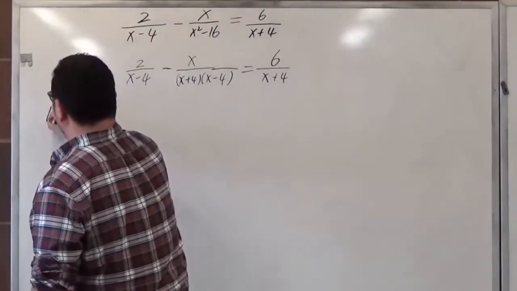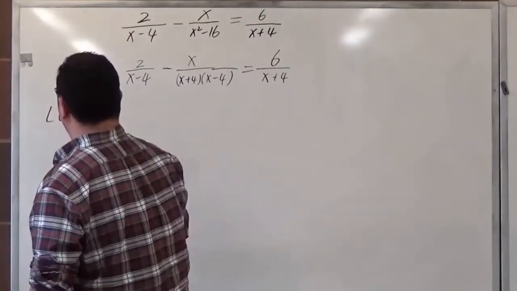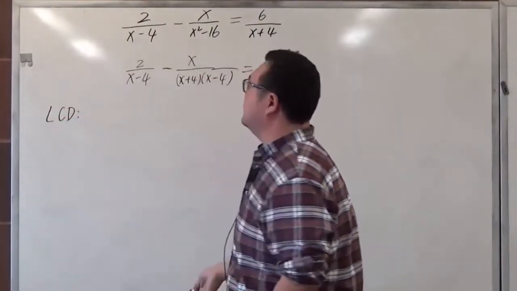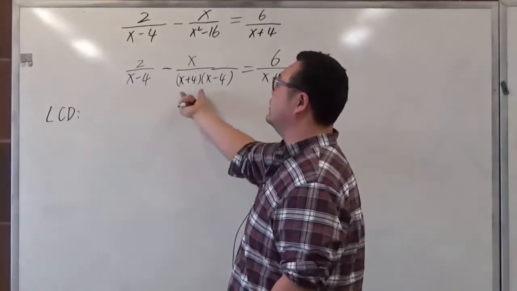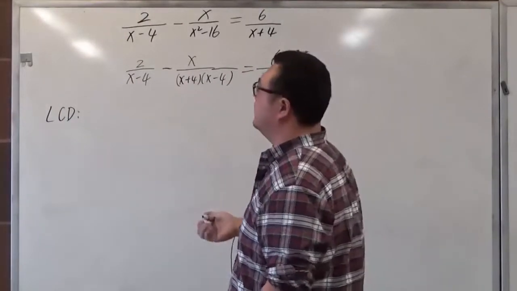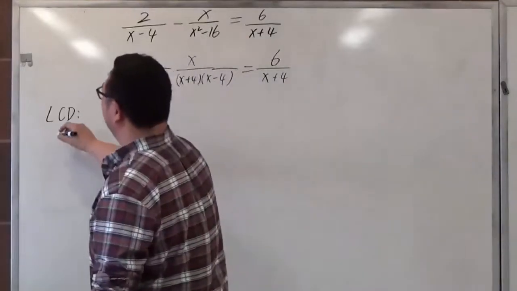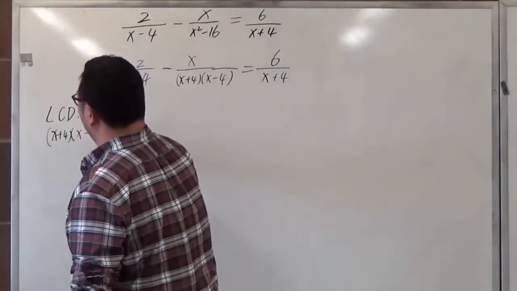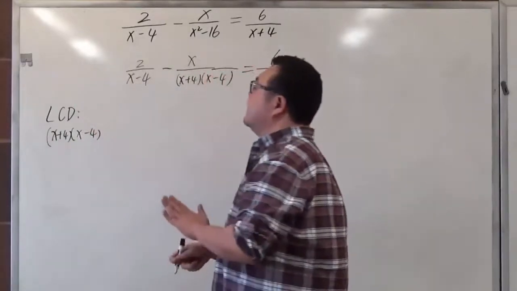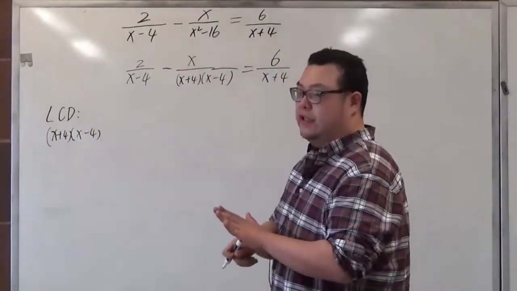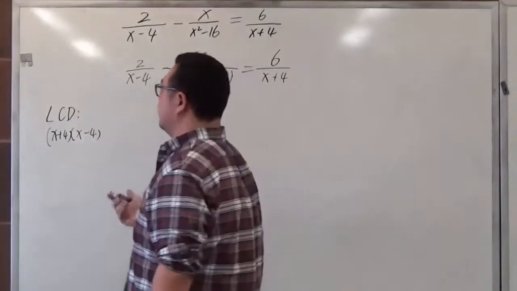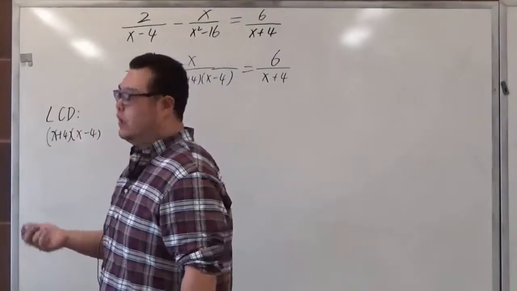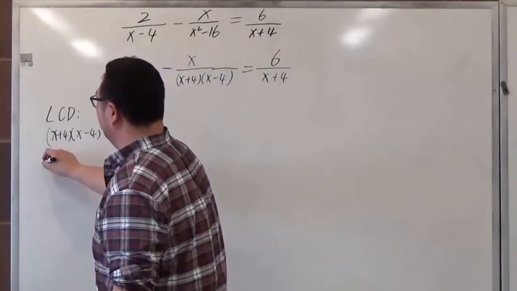What we still need to do is find our least common denominator, which in this case is everything we have seen, taking the most repeating. We'll have the LCD to be x plus 4 times x minus 4. Again, the condition is that whatever appears in a denominator cannot be 0.